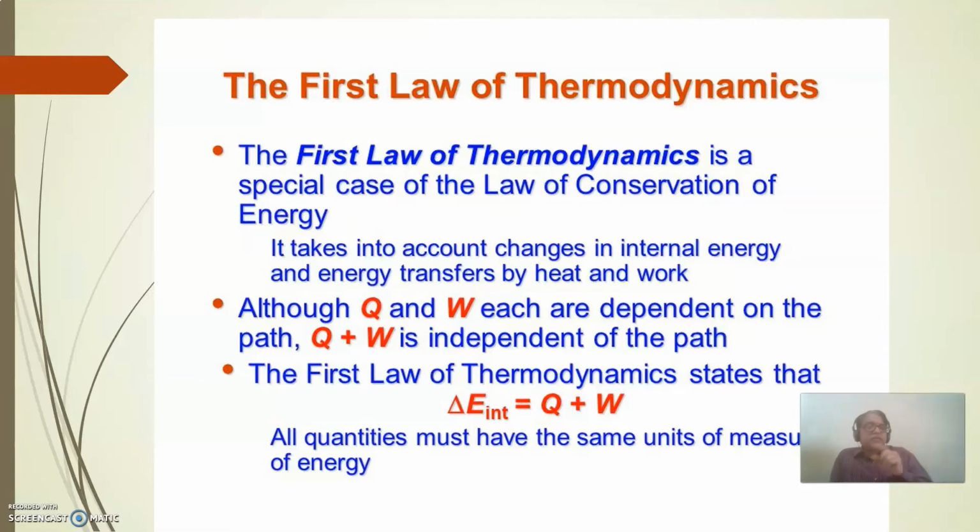So P into A into delta L. A into delta L is nothing but the volume. So P into V, that is called flow work, as the gas expands from the initial control volume to the final control volume.